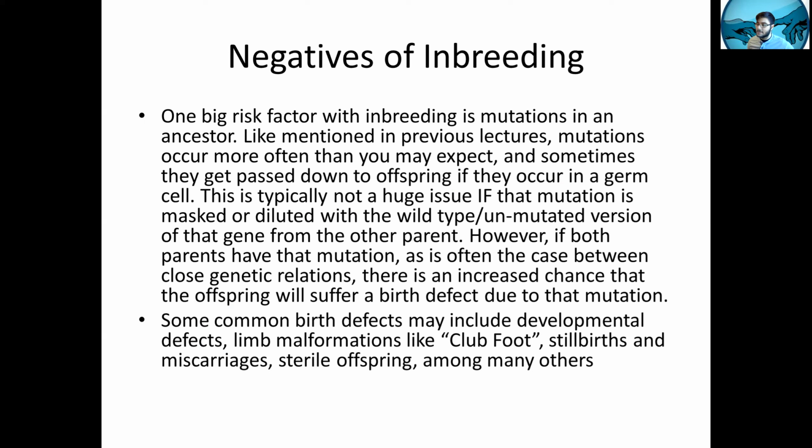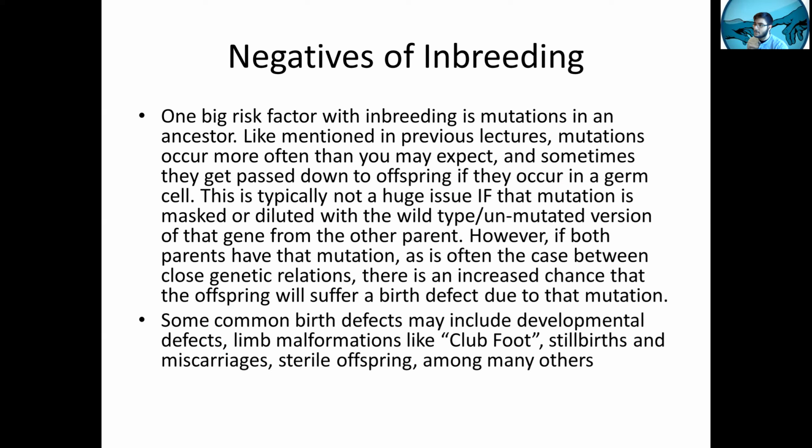So if you have, for example, a mutation in your liver when you're 50, there's no risk of your kids getting this genetic disorder from you. But if you have a mutation that occurred in a germ cell, for example in your sperm, and that was used to create a child, that child would then have that mutation that occurred in you, right?